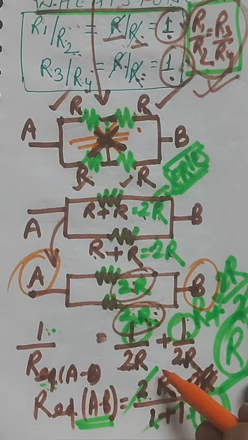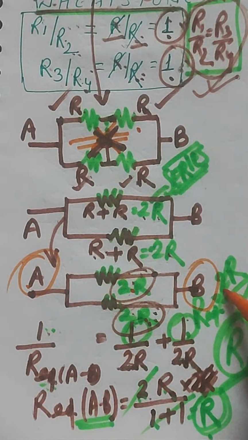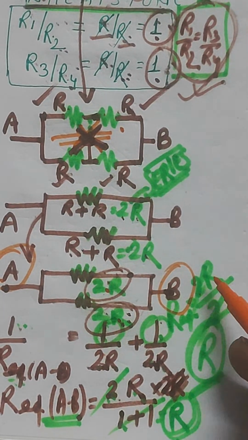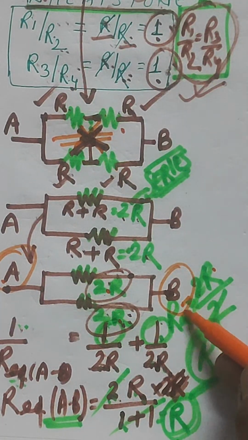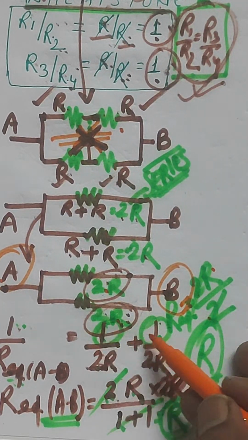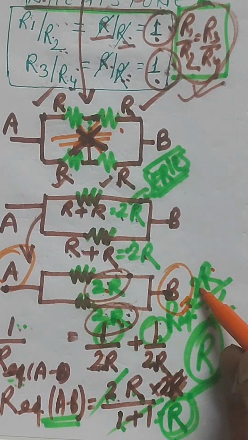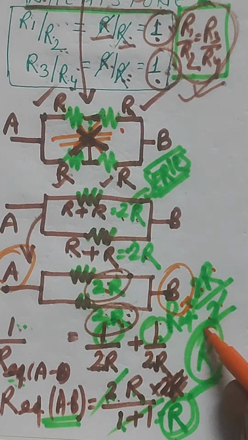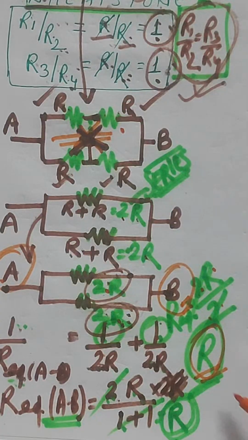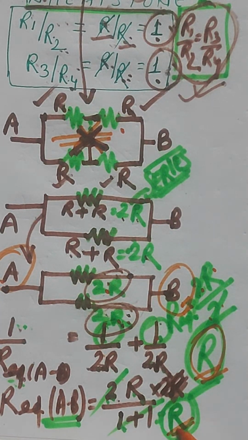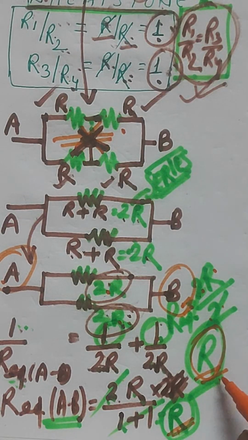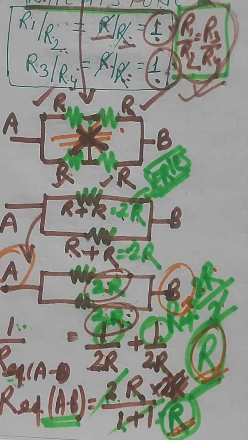So this will give you, 2R is taken as LCM, and here 1 plus 1 is 2. So 2 will be cancelled, and we have R. This R, I have again written it earlier over here. This R is the equivalent resistance.